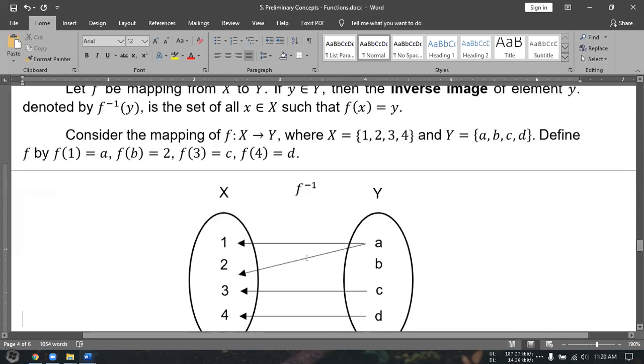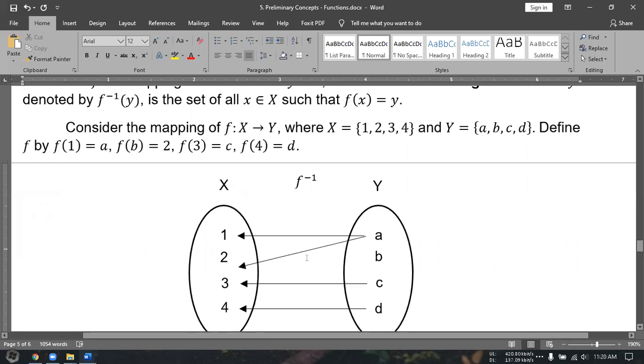Tingnan natin. Their inverses are the other way around.